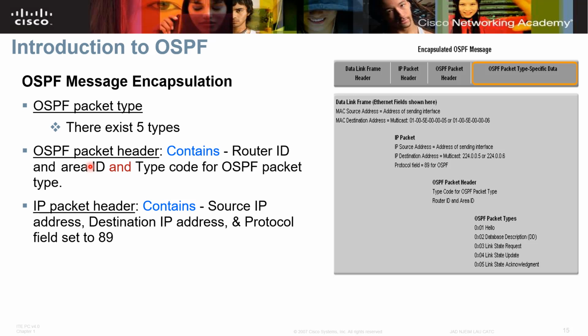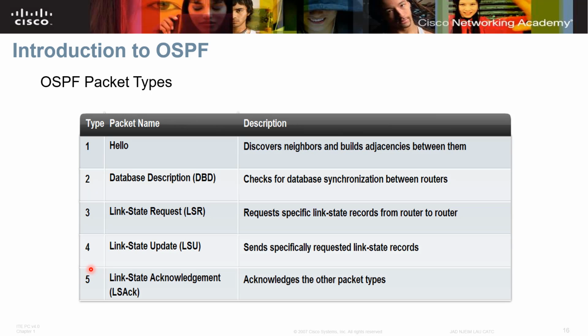Then we add the packet header, which contains the router ID, area ID, and the OSPF packet type. Then the IP header is usual in all packets: the source IP address, destination IP address, protocol type and so on. So these are the main fields included in the OSPF message.